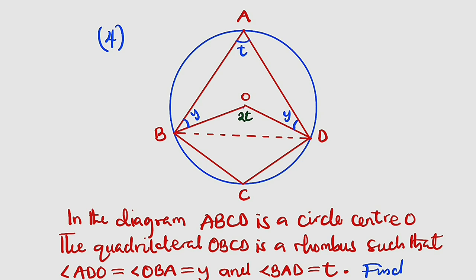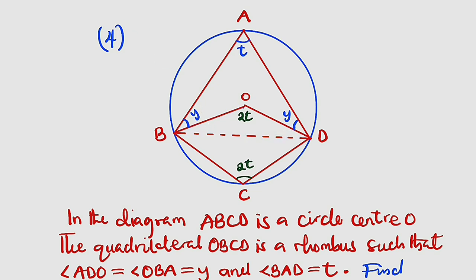And remember that opposite angles of a rhombus are equal. Therefore, this particular angle will also be equal to 2T. And remember that this is an isosceles triangle. The chord and the two radii form an isosceles triangle, and the base angles are always the same.